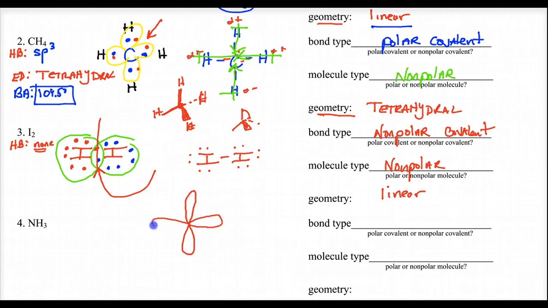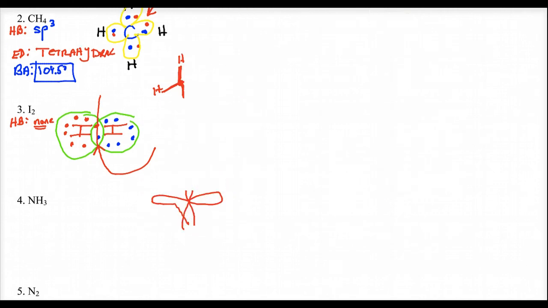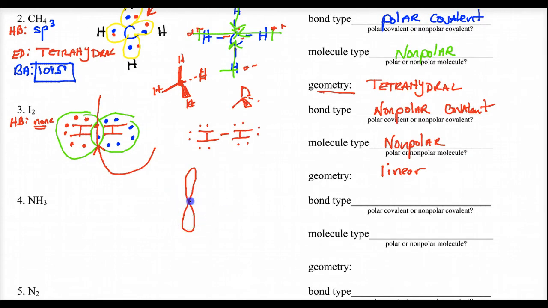Here's an unhybridized p, and this is the p coming at you and going back. Now, if you didn't follow what I'm doing here, this is p y, so is this, and this is p x and p z.